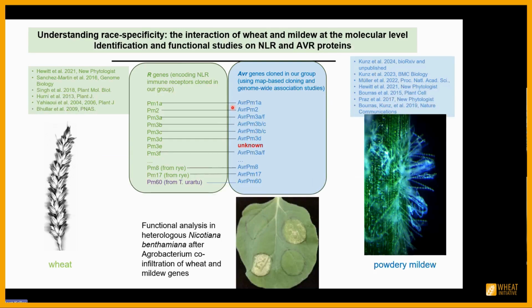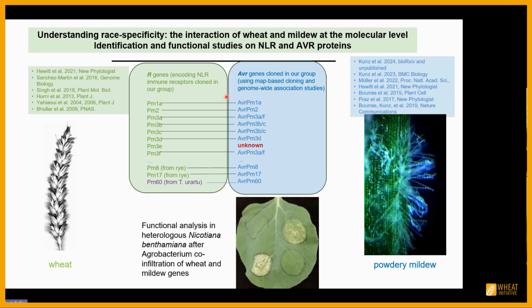Here in green you can see the host side. Here are a few of the genes that we isolated in our group, and for most of them, actually for all of them, but this one is not yet published, we have the corresponding recognized AVR genes defined. This was basically the work that we did in the last nine or 10 years.